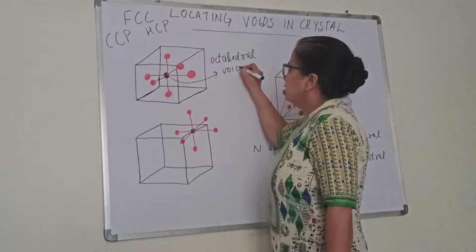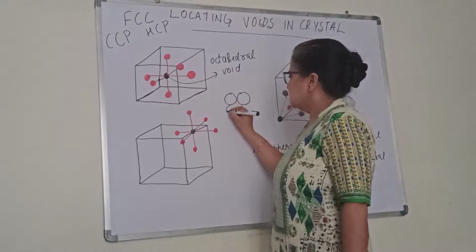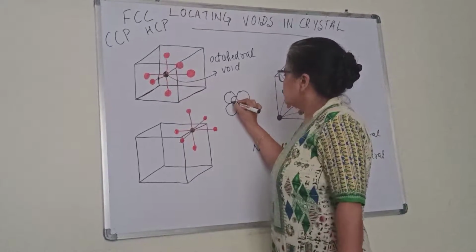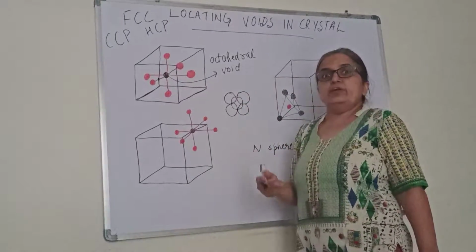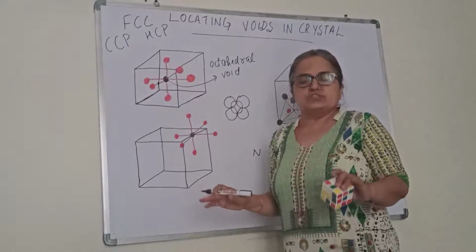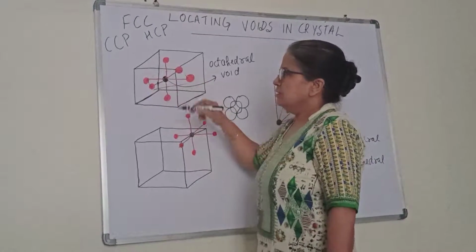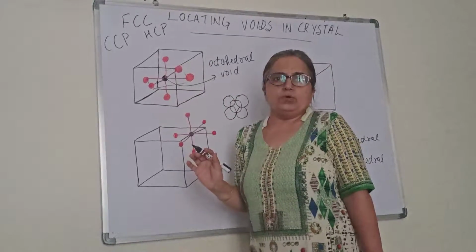What was an octahedral void, children? I have told you, if you have 4 spheres like this, you will have one void in the center. One sphere is placed on the top and one sphere below it, so that you get a square bipyramidal structure, a square with one pyramid at the top and one at the bottom.